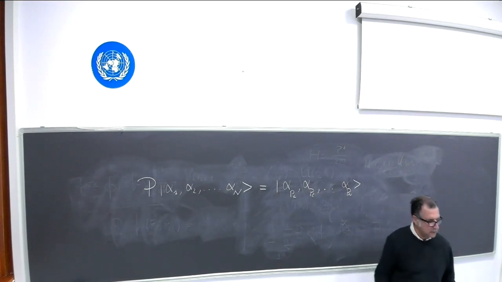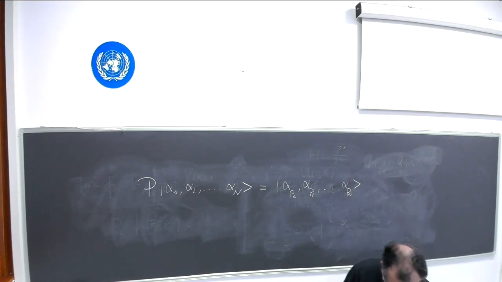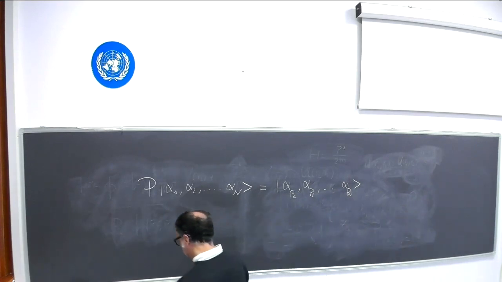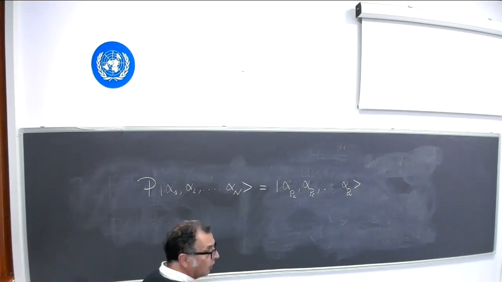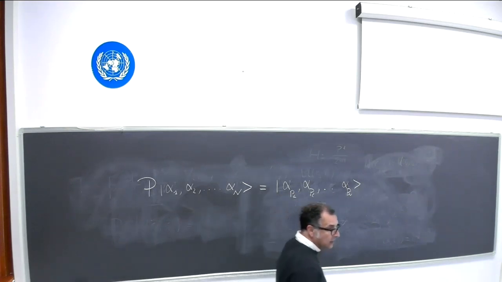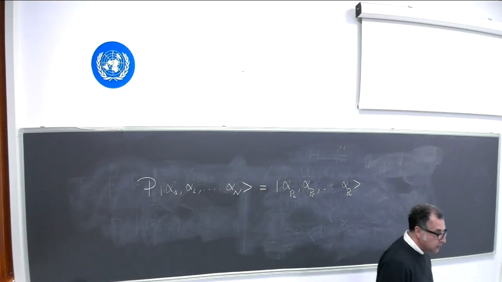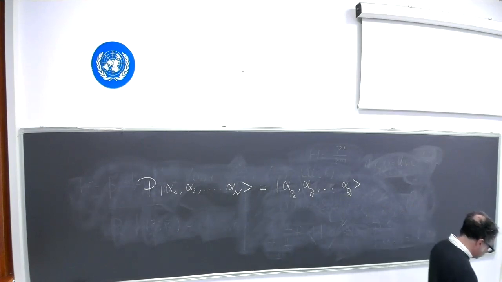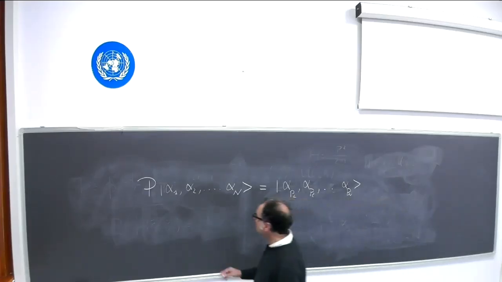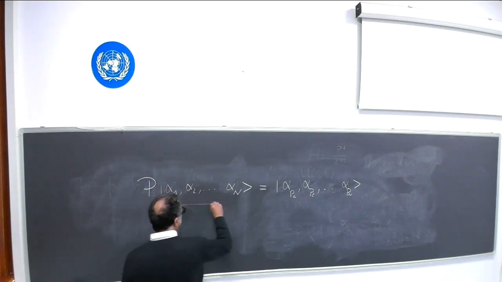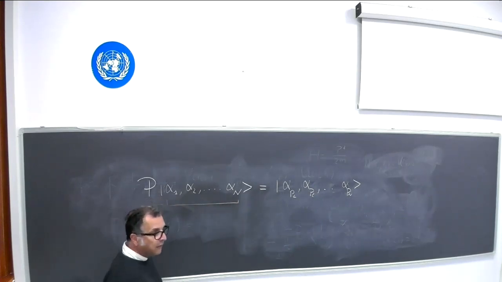You see the Slater determinant only in the antisymmetric case. If you have n particles, how many possible permutations do you have? n factorial. Very good.